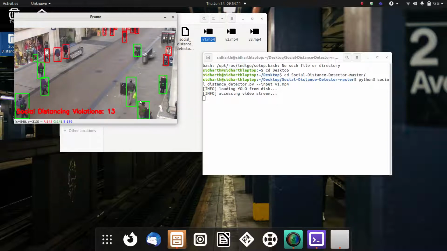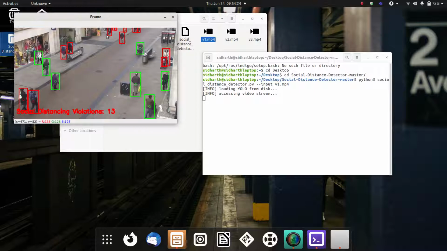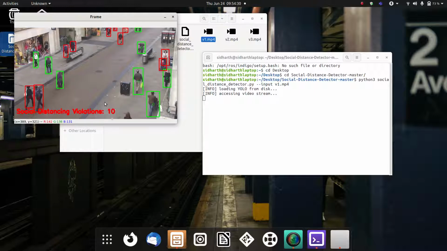It is very effective in detecting the number of people. You could even say that it is better than a normal human, since it can also detect people at the very back, where it is very hard for even a normal human to detect people and determine the distance between the two.